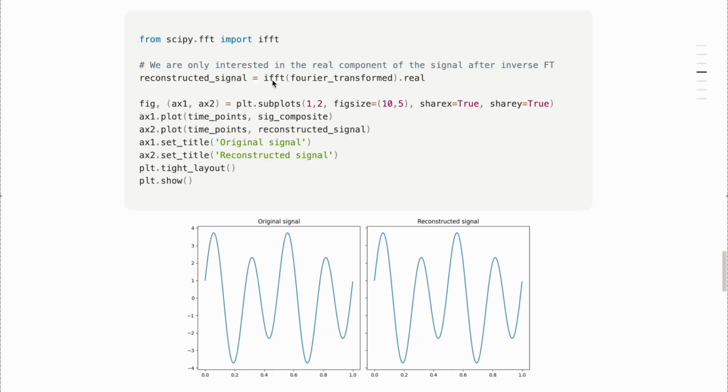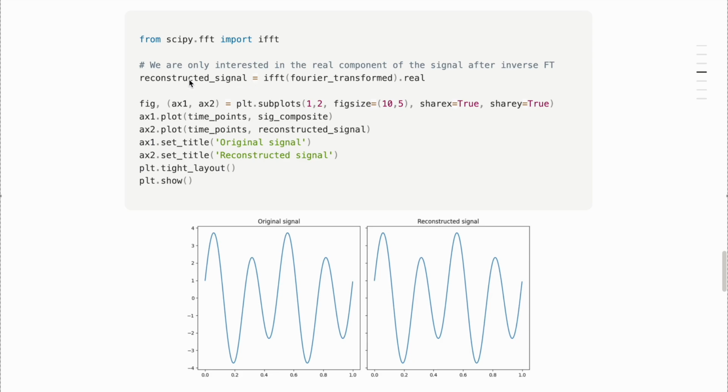And it turns out the IFFT function also returns an array of complex numbers, but unlike before, where we were interested in both the real and imaginary parts of the complex numbers to get our magnitude and frequencies, this time the imaginary part of the complex numbers is very small and we're not really interested in it, and we are only interested in the real component, which gives us a reconstructed signal in the time domain.